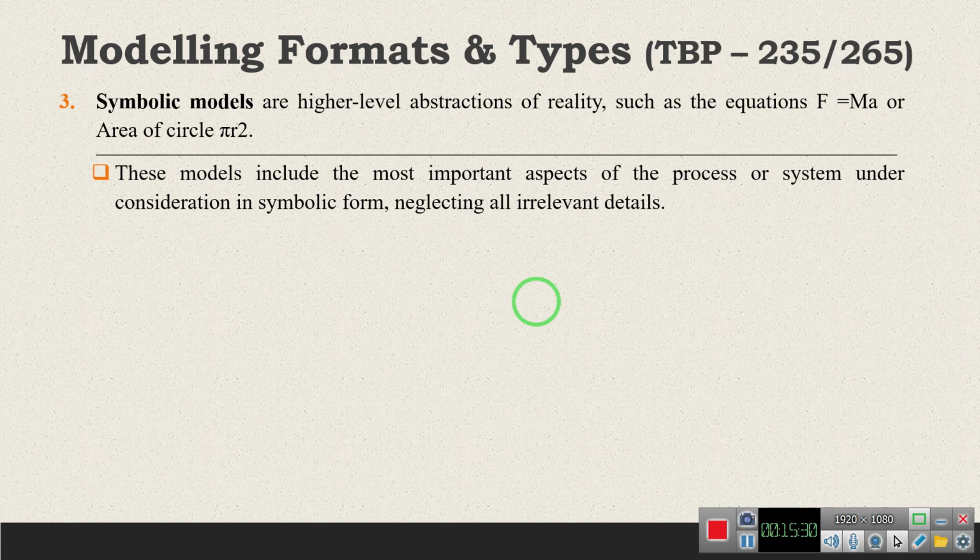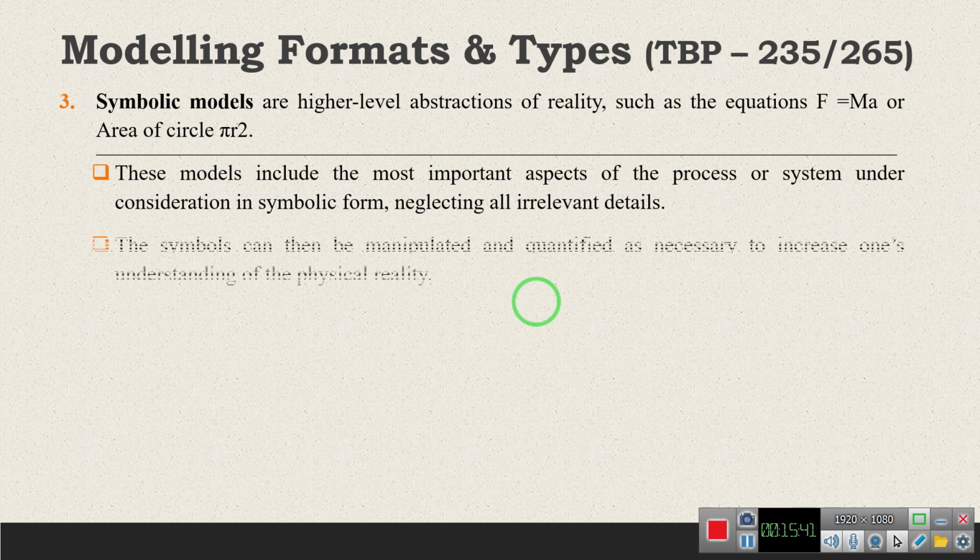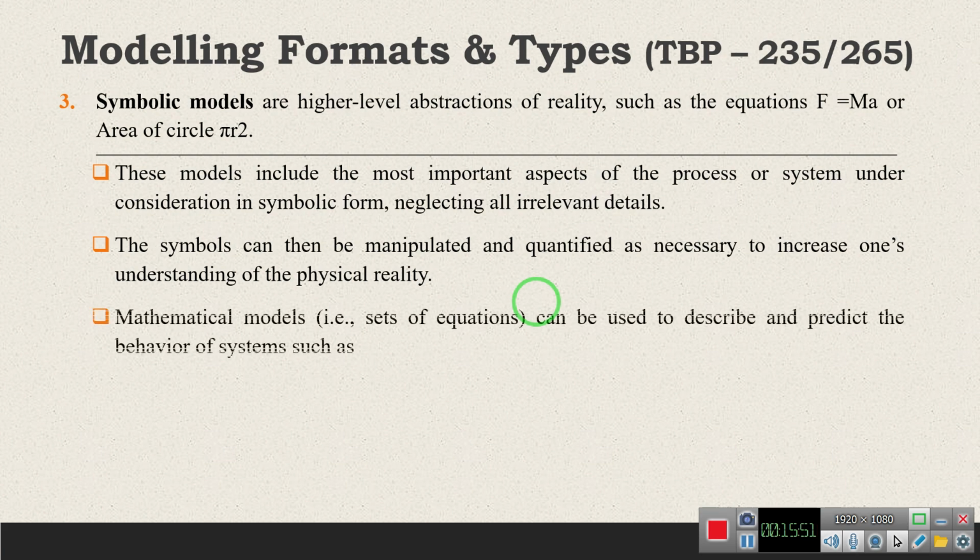We are neglecting its appearance, its behavior. We are just writing the relation between variables. The symbols can then be manipulated and quantified as necessary to increase one's understanding of the physical reality.